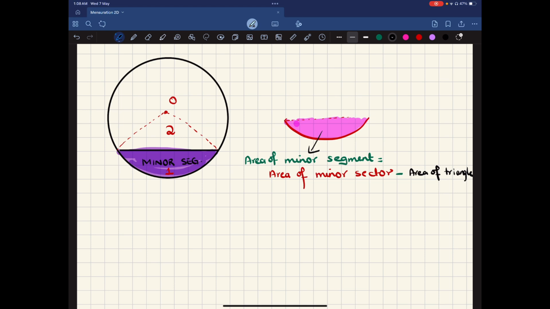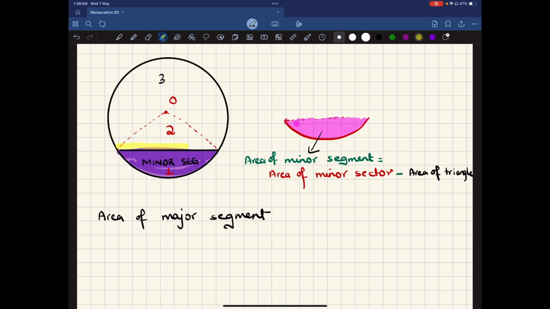Okay, now what if they ask us to find the area of the major segment? Now let's have a look at our major segment.